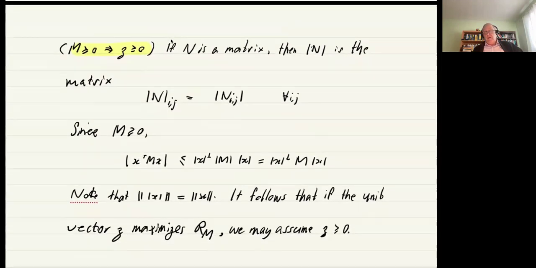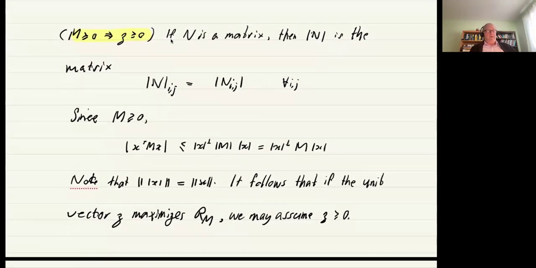And so now we just have to deal with non-negativity. The first thing I said is that if M is non-negative, then I can assume that the entries of Z are non-negative. And this is more combinatorial than anything. First a notation: I'm just going to use absolute value of M to denote the matrix you get by taking the absolute value of each entry.